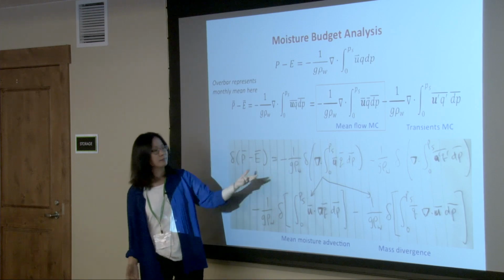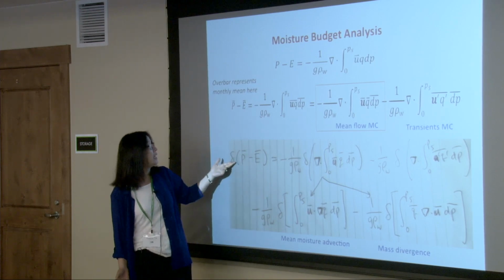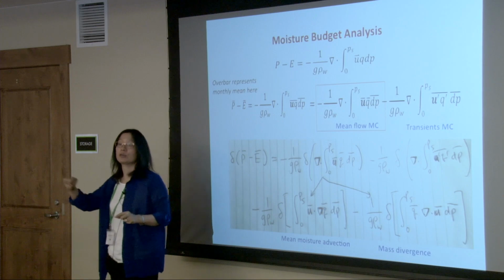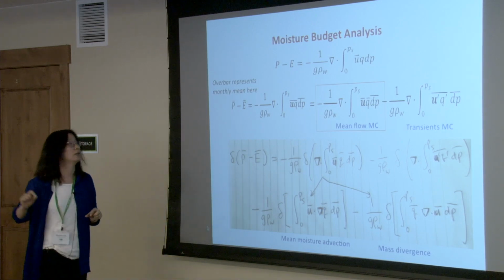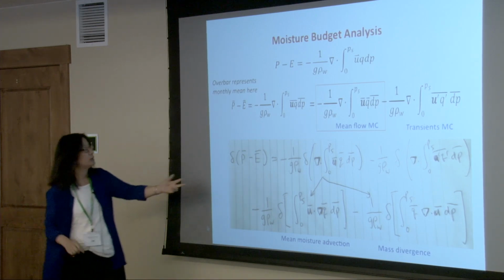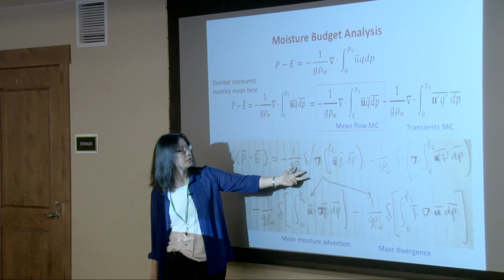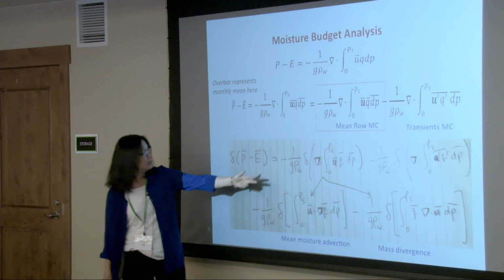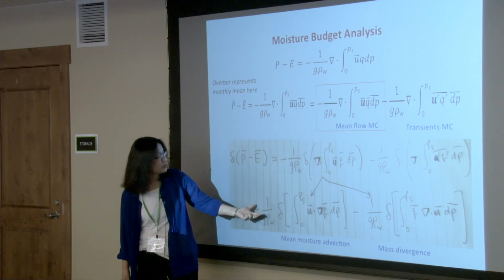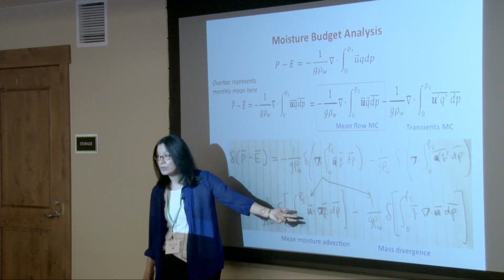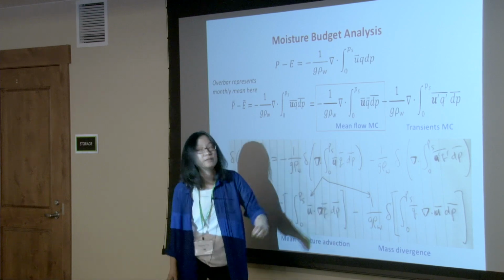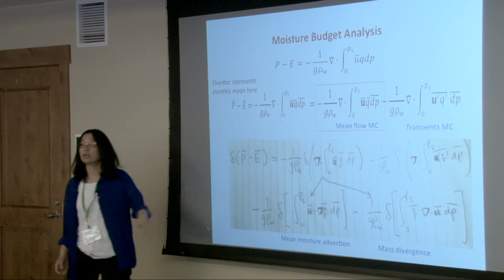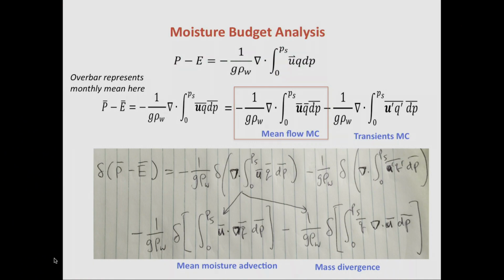Then what I'm scribbling here is the change in the moisture budget, which is the regression really, in this case. We're just regressing onto the pattern. You can separate that into the mean convergence change and the transient convergence change, and the mean convergence change is partially related to either the moisture advection term or the mass divergence term. So we'll be looking at these separate terms very briefly.